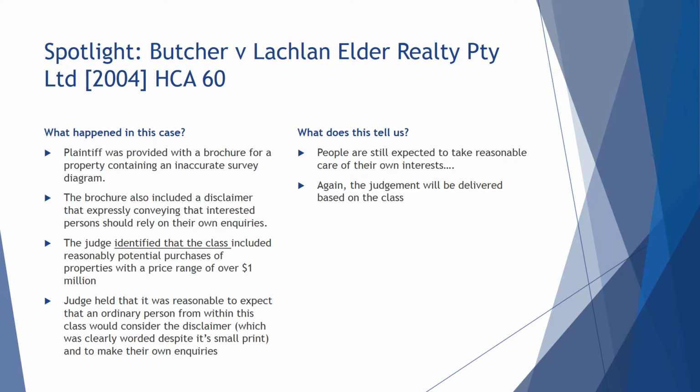Again, people are required to take reasonable care of their own interests, but we need to go back to the court's objective approach here. So the judge identified that the class included reasonably wealthy individuals looking to purchase a property with a price range of over $1 million, holding that it was reasonable to expect that an ordinary person from within this class would actually consider the disclaimer.